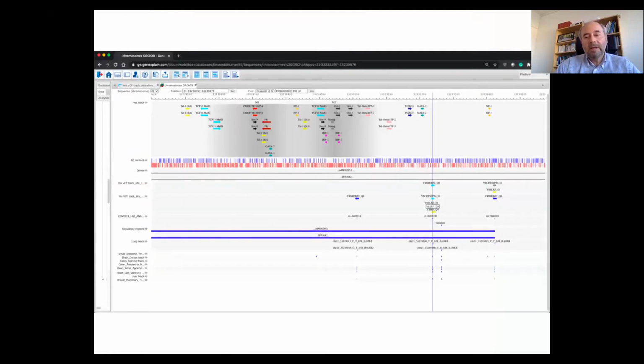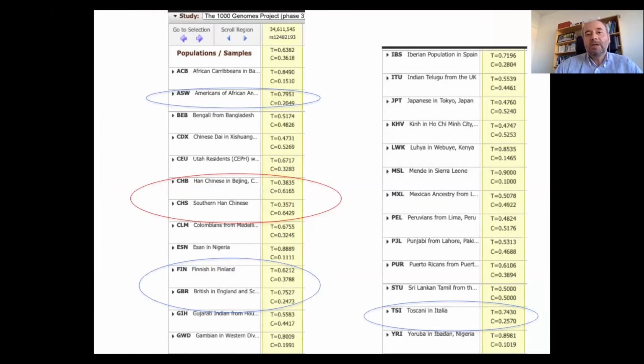And to summarize, here we can focus, for instance, on that one SNP. Interestingly, we can look at the databases and check how frequent this SNP is in the populations.